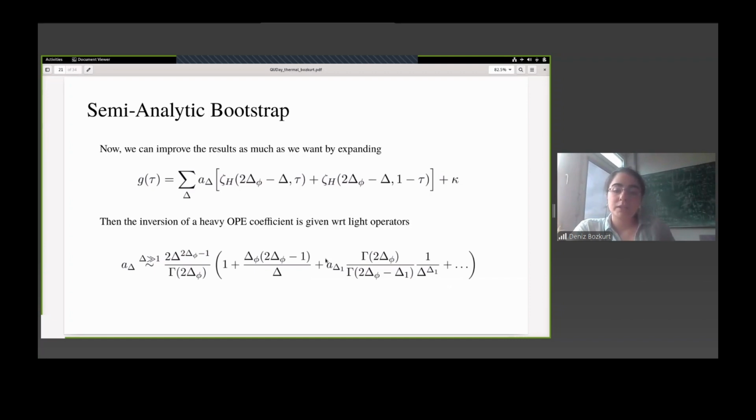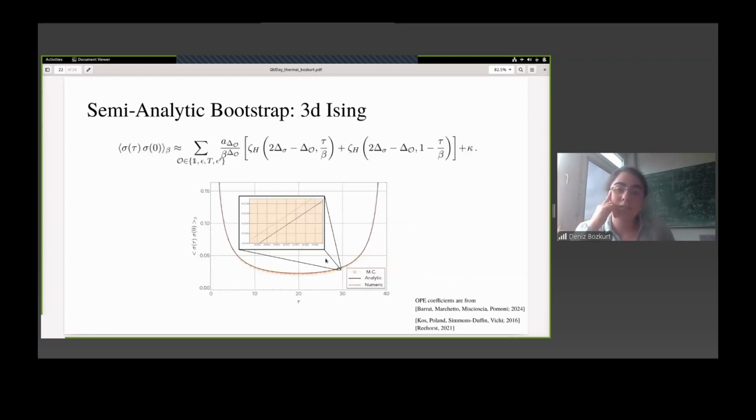And by using the results we derived for the 3D Ising sigma correlator, we can again do the same sum rule procedure, truncating the spectrum of the OPE to the four operators that we give here, and then instead of using the asymptotic form, we can now use the exact form of the Hurwitz zetas that we derived here.